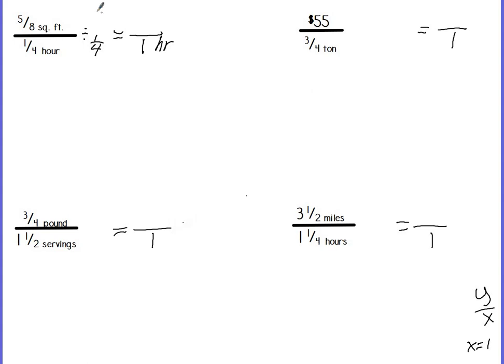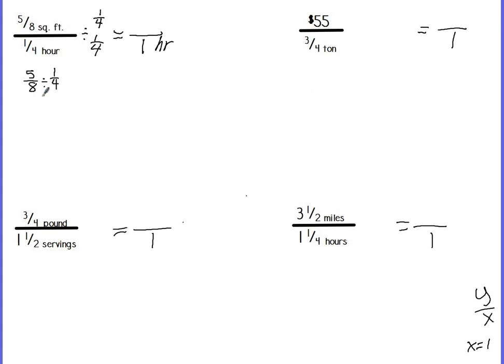Based on the rules of math, what I do to one, I have to do to the other. So now I have 5/8 and I'm going to divide it by 1/4.